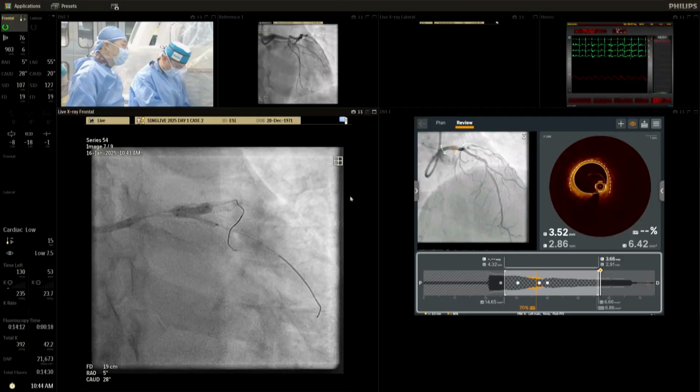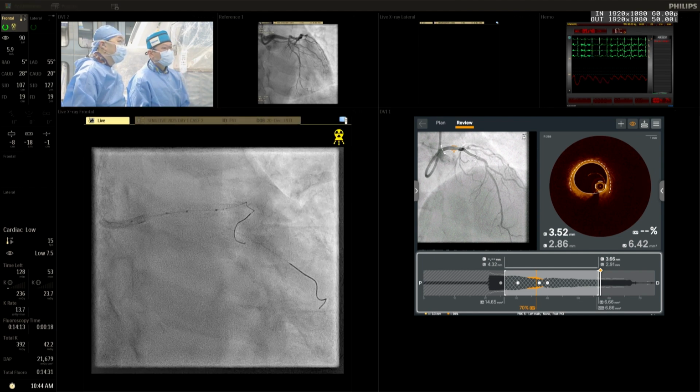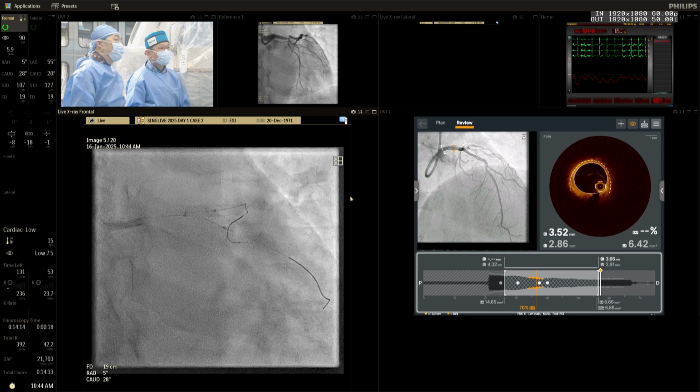Okay, take out this one. Boost with that. You want to boost with... Take out this one. Boost?